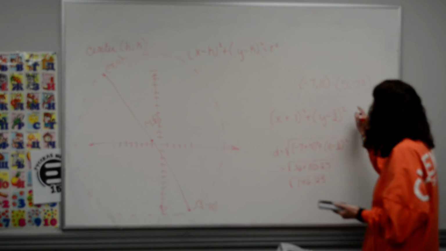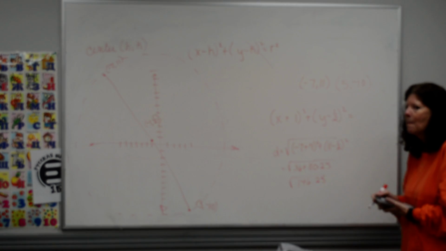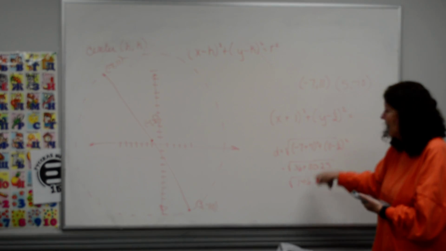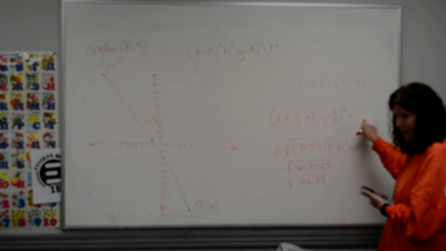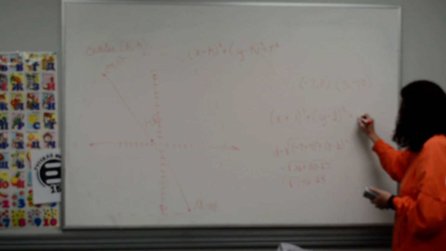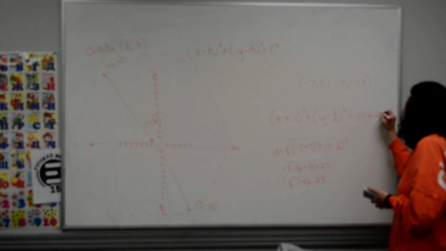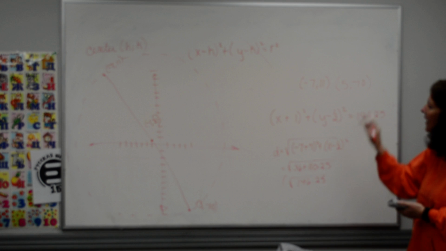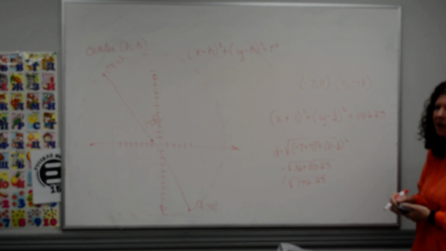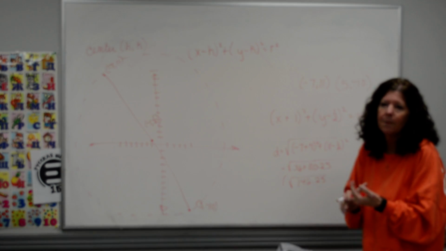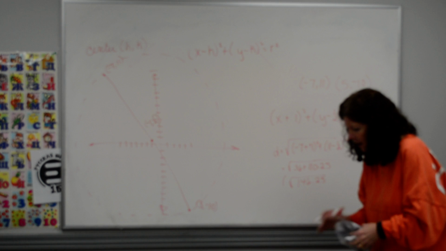So what is going to go right here? If the radius is the square root of that, and this is the radius squared, 146.25. Good, perfect. That's going to go right there. They're not going to give you a lot of problems like that, but they're going to give you some. Those are a little bit harder because you've got to use the distance formula and the midpoint formula.